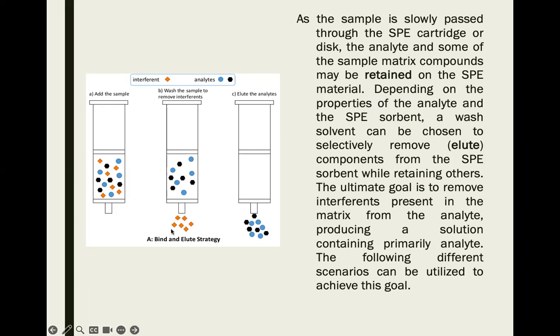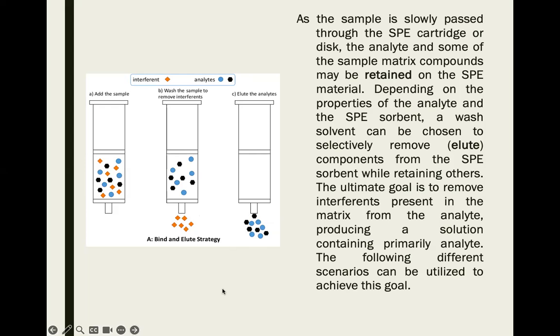This requires you to know the right property of the solvent, which will elute out the interferents without disturbing the analytes. After removing the possible interference, we choose another suitable solvent to elute out the analytes of interest that we want to have. This is called a bind and elute strategy.